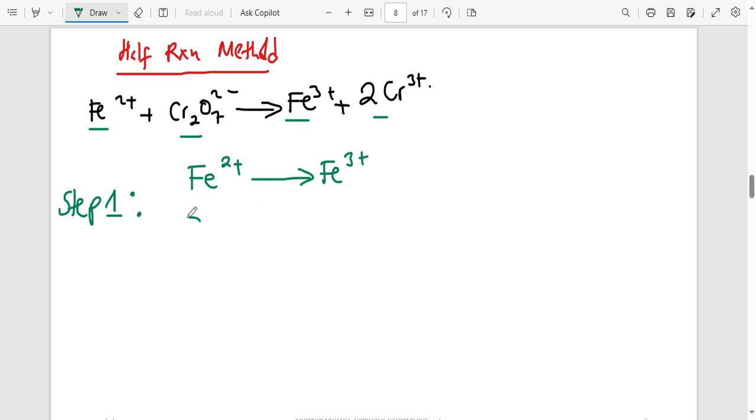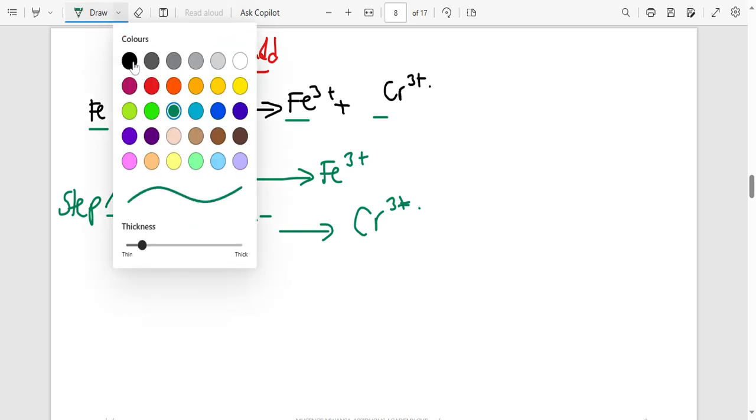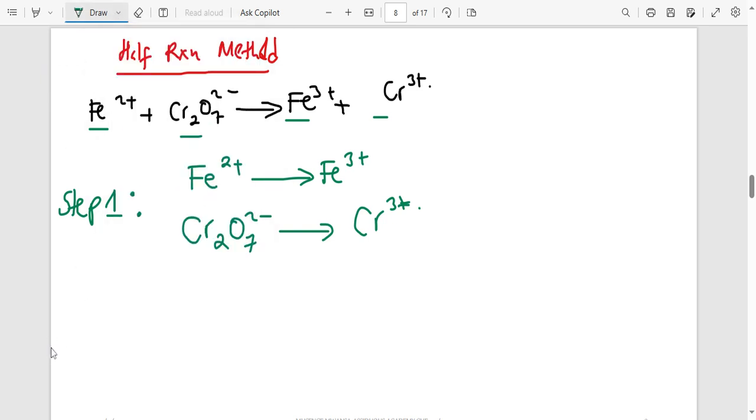So that's the next thing that you do. Cr2O7 2- also goes into, oh, forget about this 2 there, it's not there. It goes into Cr3+. So this is step 1, just breaking your equation into 2 half equations.